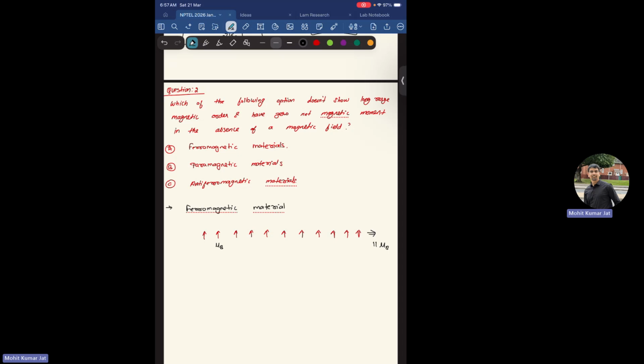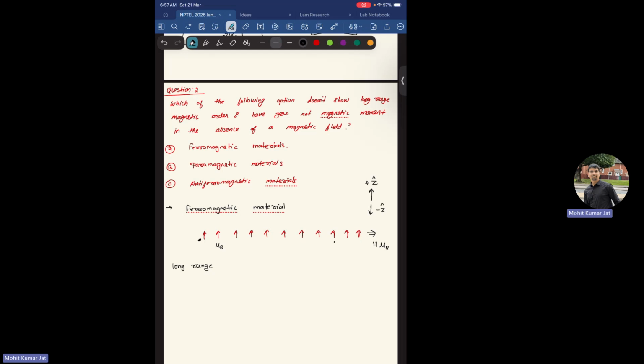Let's define this to be the plus z direction and this to be the minus z direction. So the first thing to note is that it has long range order. Long range order means the spin which is here at this point and the one which is here at this point are aligned in one direction, so they have an order in them.